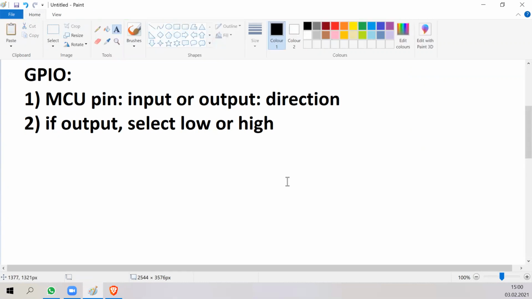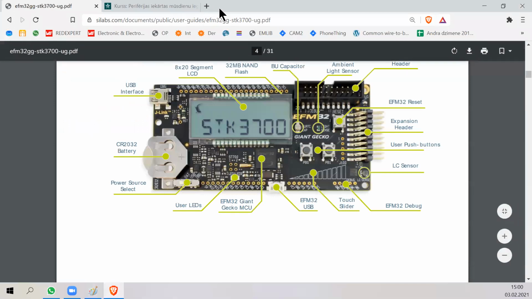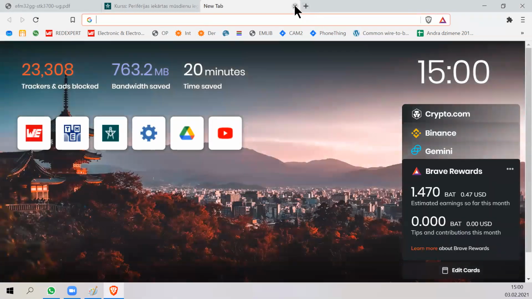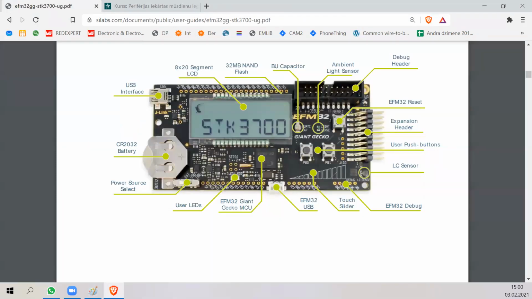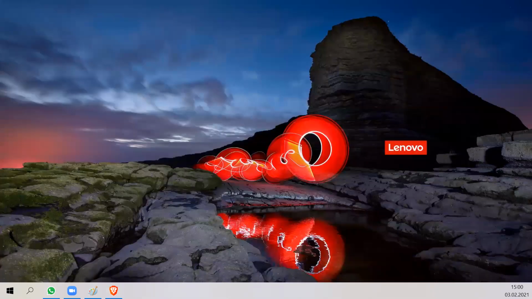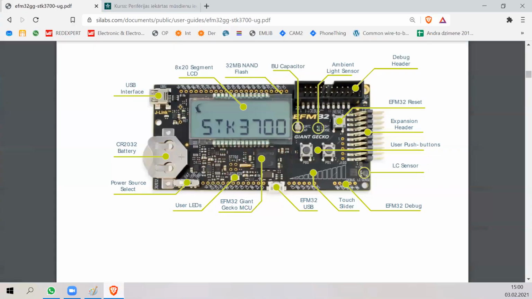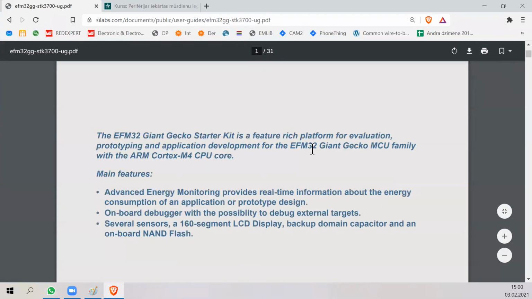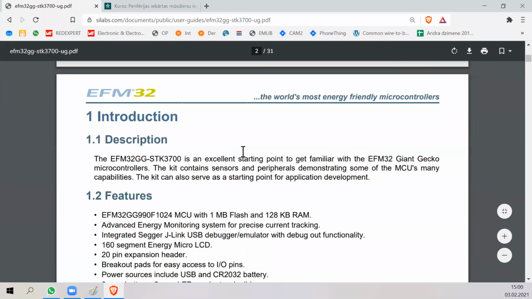Okay, so very simple. Now let's check out how the general purpose input output is organized in these microcontrollers. And you'll see that there are actually very many features. And we will look at the general purpose input and output through the prism of this microcontroller that we will have in our labs.